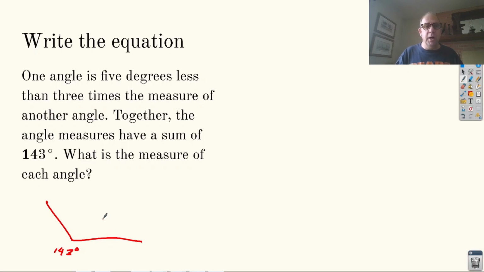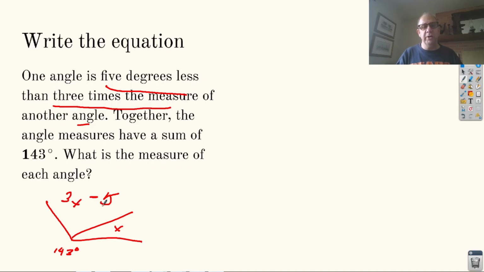There's two angles together, so I'm just going to call one of them x, and then the other one is 5 degrees less than 3 times the measure of the other angle. So that's 5 degrees less than, so subtracting from, 3 times the other angle. The other angle is x, so 3 times x.